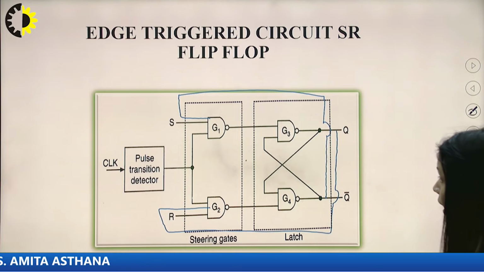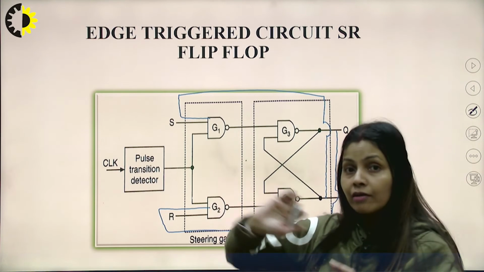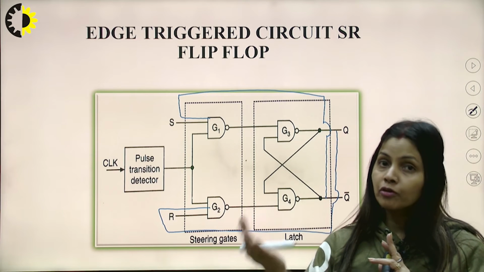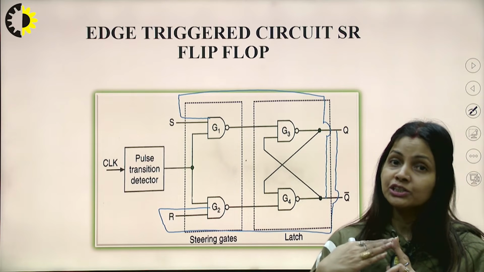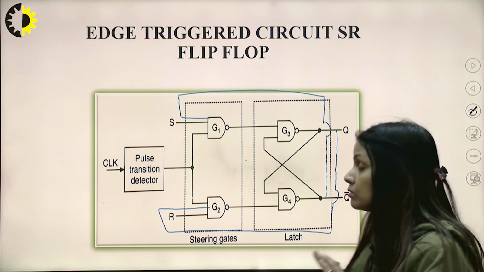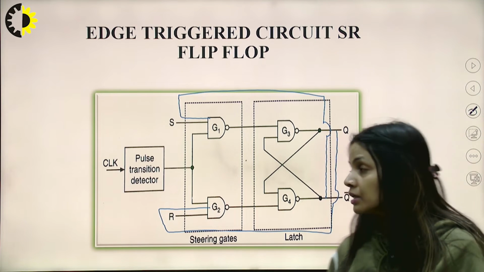So if we add these connections to our basic SR flip-flop, we can derive the JK flip-flop from that, and all the conditions can be verified easily. So we have already understood how to verify all the conditions, right?